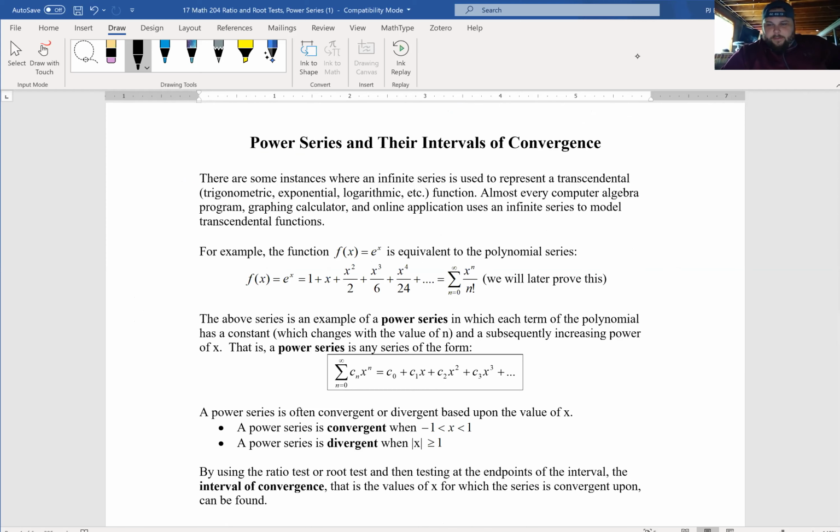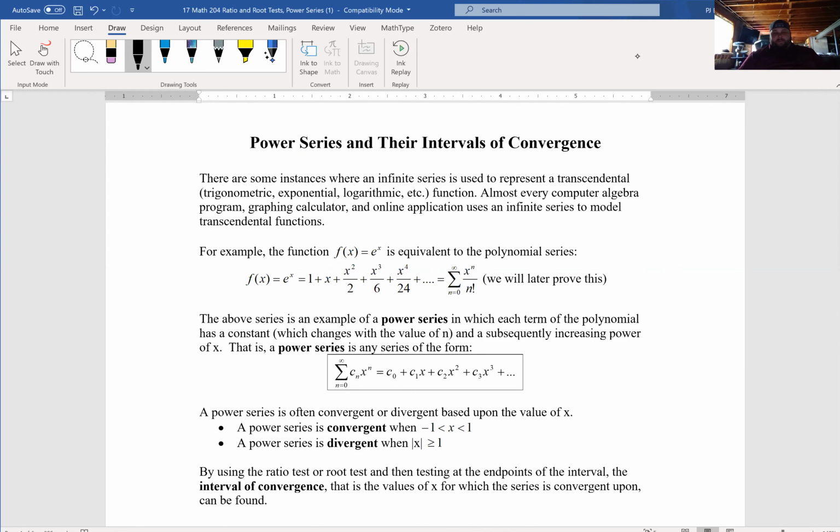All right, so for the last little bit of time we have left, I would like to do at least one of these power series interval of convergence problems. First, I have to give you a little introduction to power series, and then I'll go ahead and try this. So first off, what is a power series?